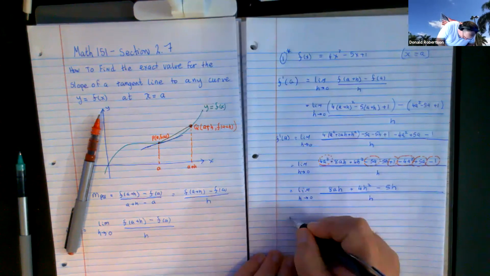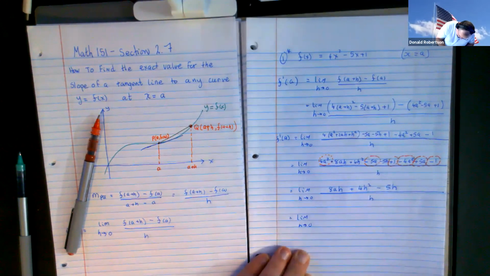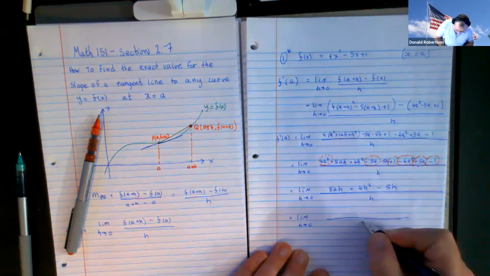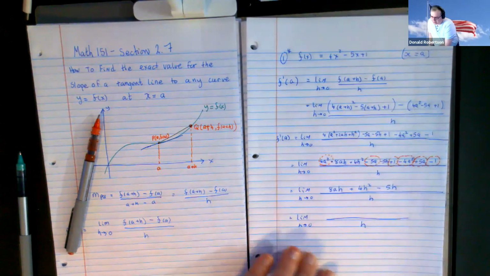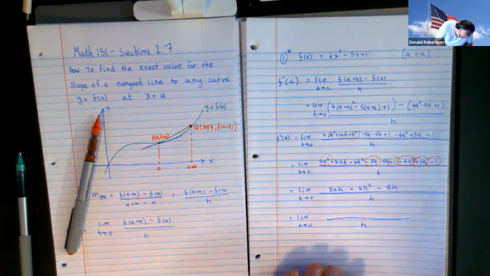Now this is going to be the limit as h tends to 0. I hope we kind of know the next step, because it always kind of happens, doesn't it? So I'm going to pull out an h as a common factor.